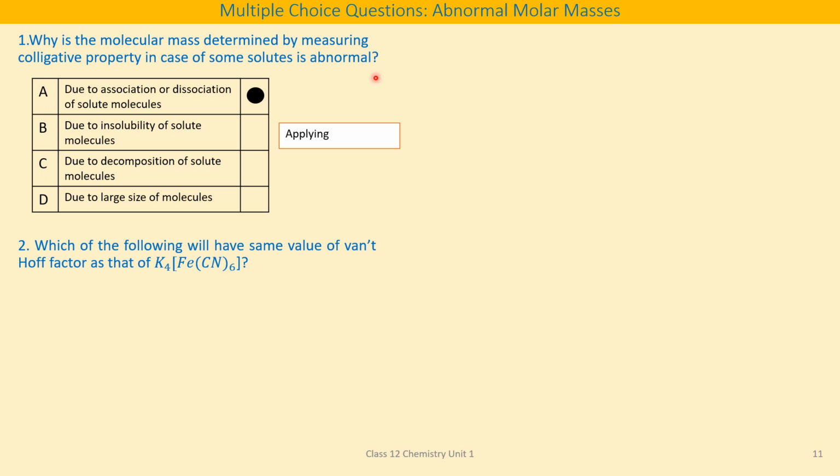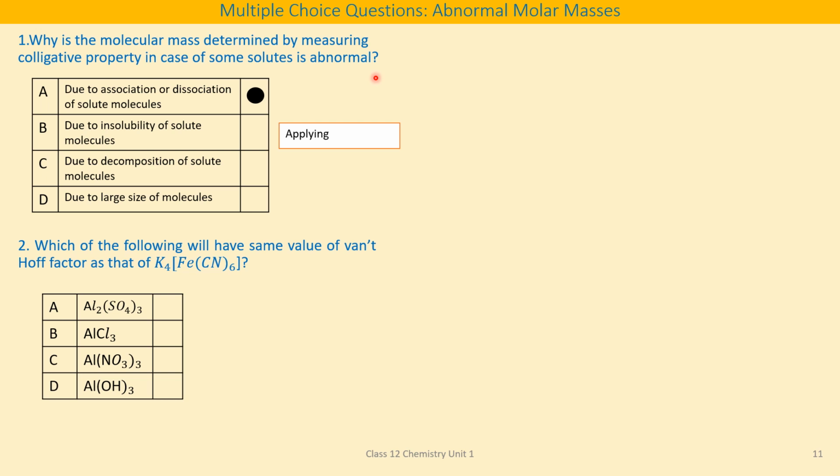Next question. Which of the following will have the same value of Van 't Hoff factor as that of K4[Fe(CN)6]? Four options are given. You read all the four options: Al2(SO4)3, AlCl3, Al(NO3)3, Al(OH)3. The explanation is shown on the screen.